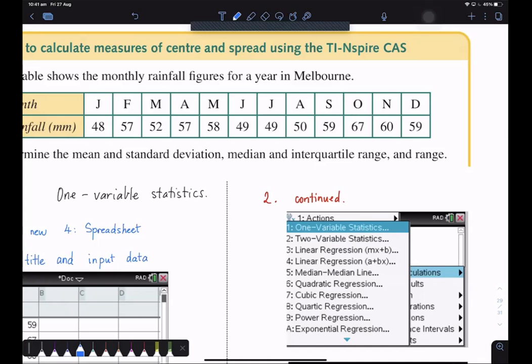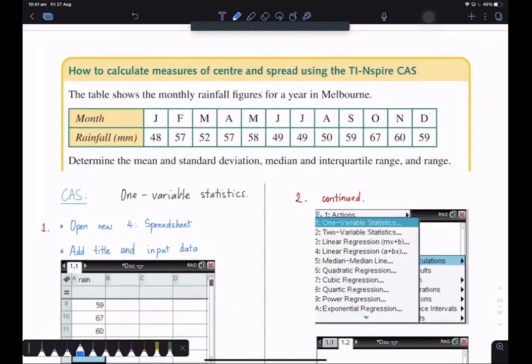But we have the CAS. So why not? I'll show you how to do it. It will spit it all out and you'll be able to do it in about a couple minutes. In methods, you do need to know how to calculate it by hand, but you also need to know how to calculate it on the CAS as well. So the level of complexity increases there.